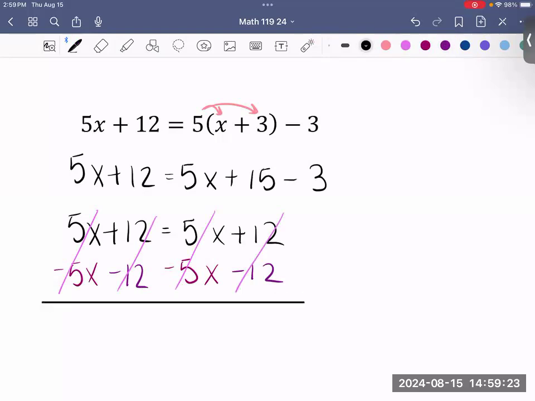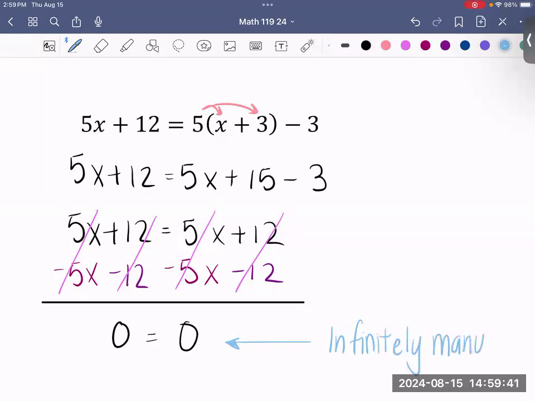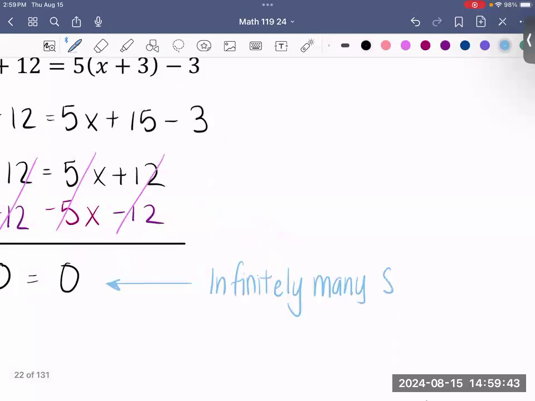In which case you'll end up with something that just says 0 is equal to 0. So while this is a true statement, this is actually a very peculiar one. This one is called infinitely many solutions.